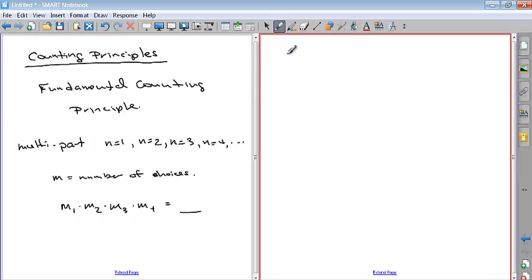Two of the special cases of this, using the fundamental counting principle, are permutations. Permutations are where order is important, and secondly, repeats are not allowed.